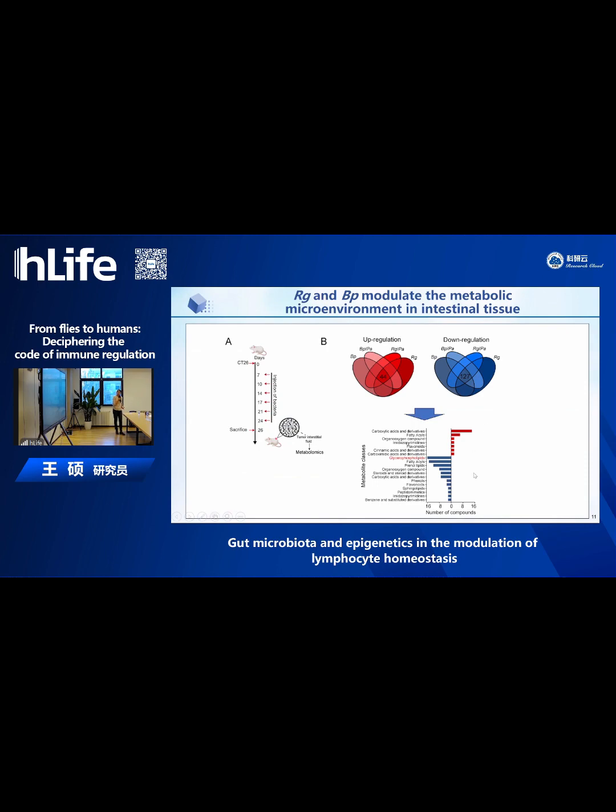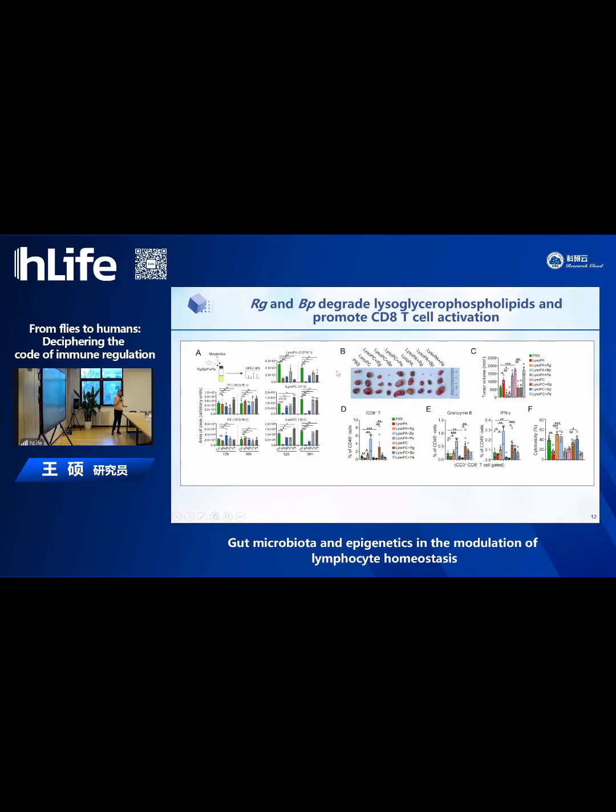And we also analyzed how these metabolites affect the function of CD8 T cells. We found that these metabolites can directly suppress the function of CD8 T cells. Then we also wanted to know the relationship between the bacteria and the metabolites.